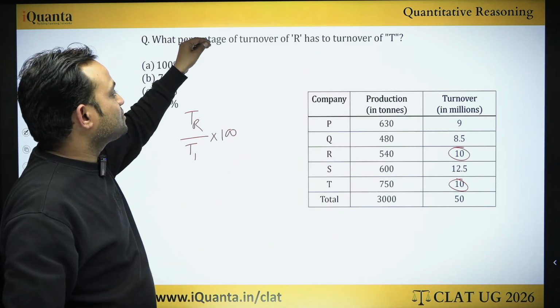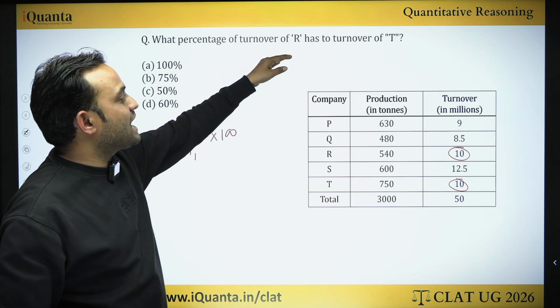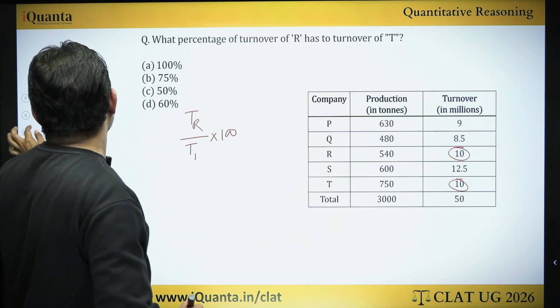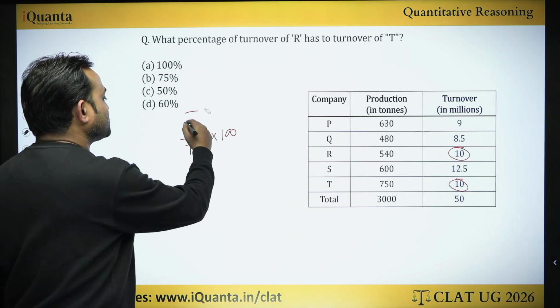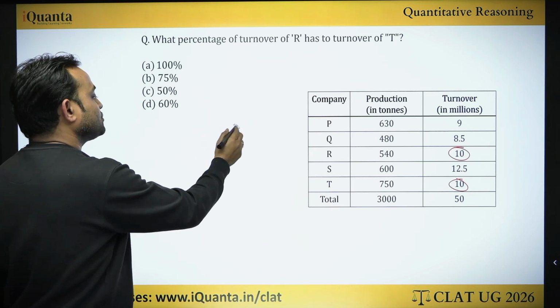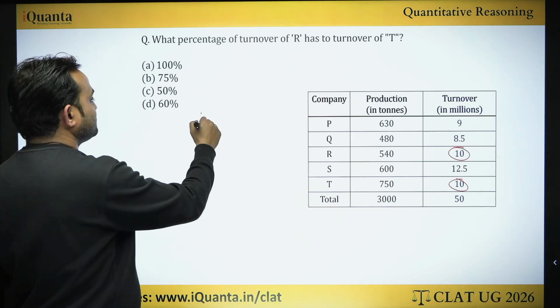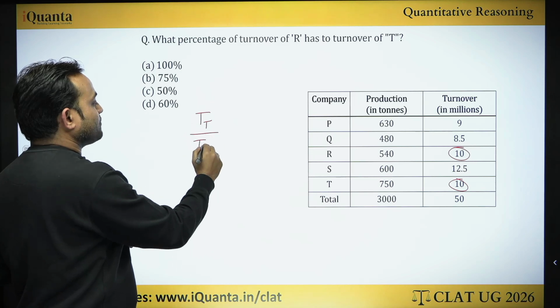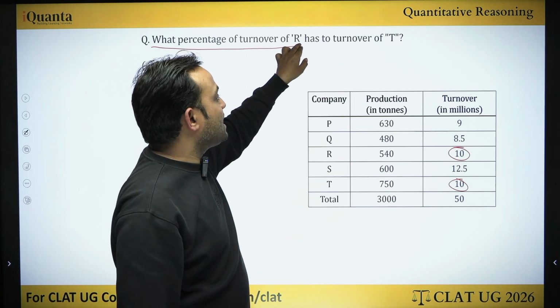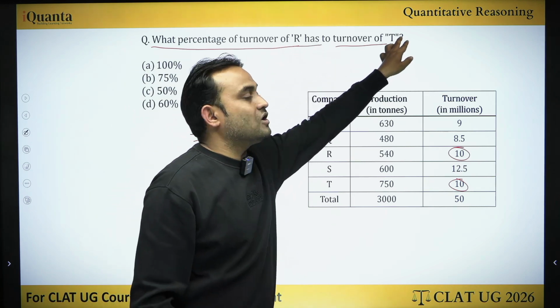Okay, we need to find turnover of R with respect to T. I guess turnover of R, yeah. We need to find the turnover of T with respect to turnover of R.